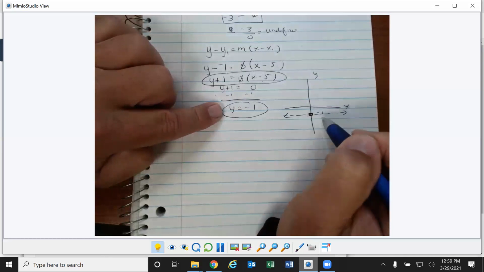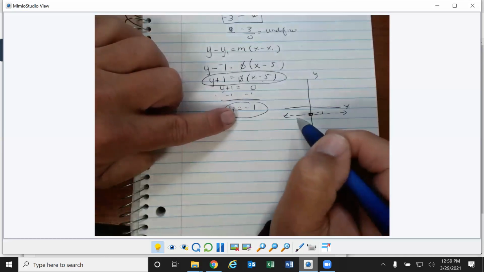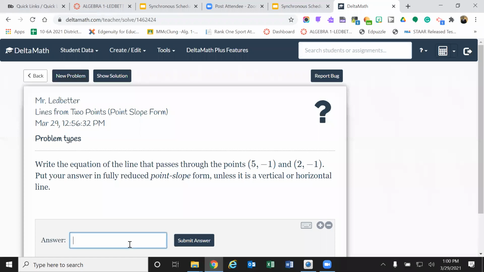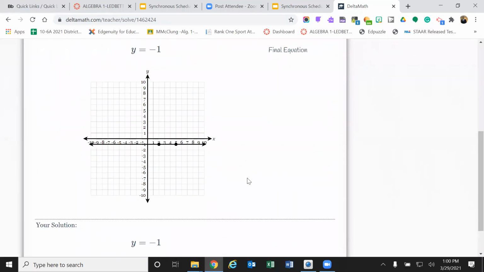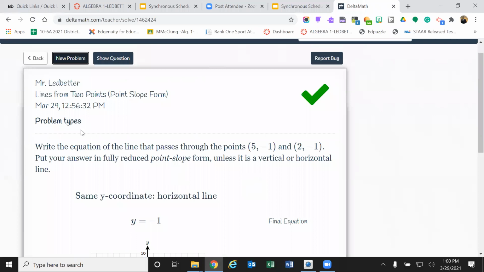But it's only a y, so it's only touching at -1. So this is a horizontal line. We're going to put y equals -1 here and see what happens. So y equals -1. Ta-da! See, perfect. We did good. All right, I can do one more.